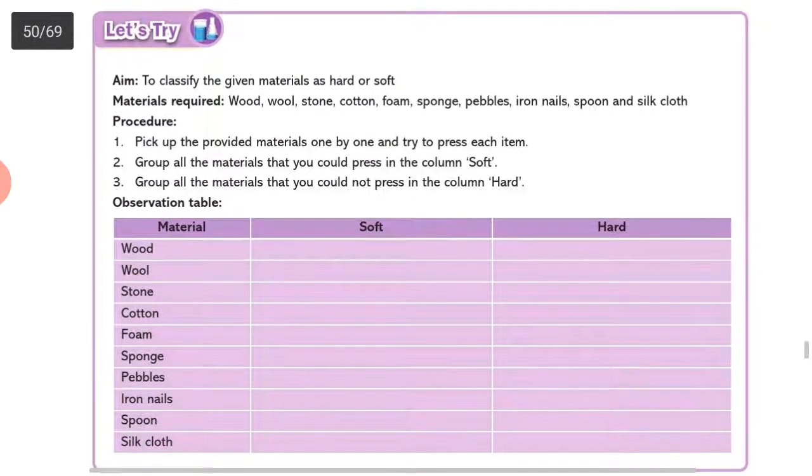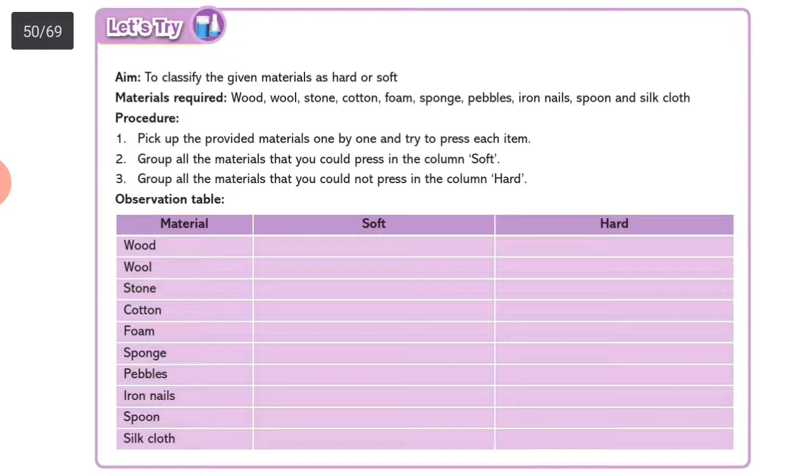Now, again, you can do one thing. On the basis of softness and hardness, you can classify the objects. Okay, wood, it will be hard. Wool, it will be soft. Stone, hard. Cotton, soft. Foam, it will be soft.